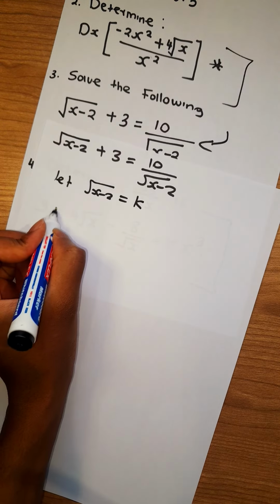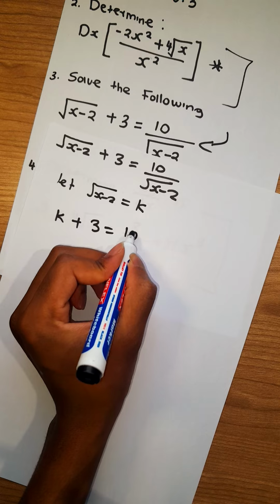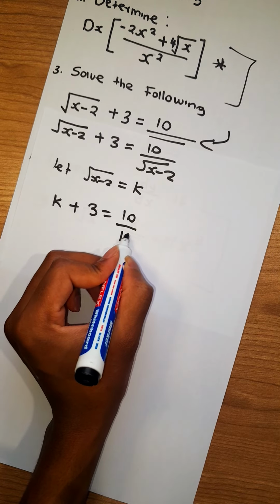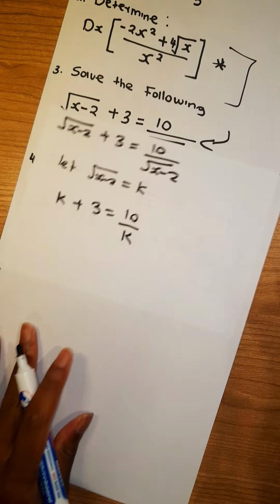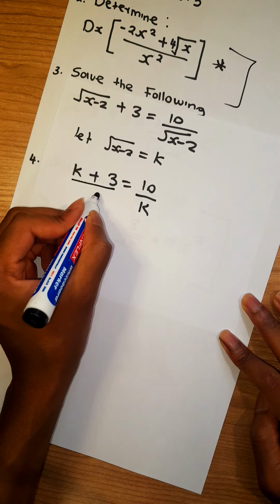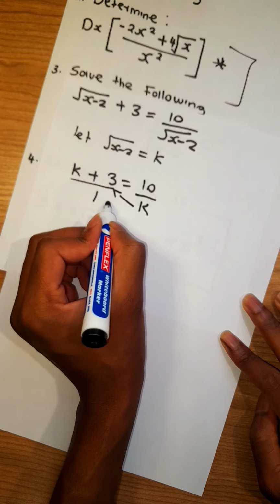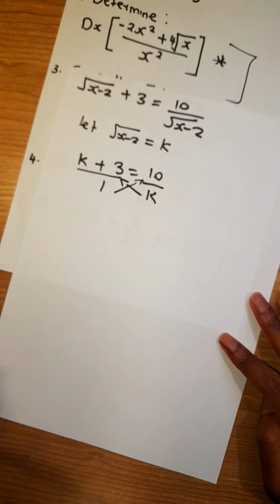So it means that we're going to have k plus 3 equals 10 divided by k, right? You don't have to know a lot of stuff here. You can actually cross multiply if you are at this point. So the k is going to multiply this side, and the 1 is going to multiply the 10, right?